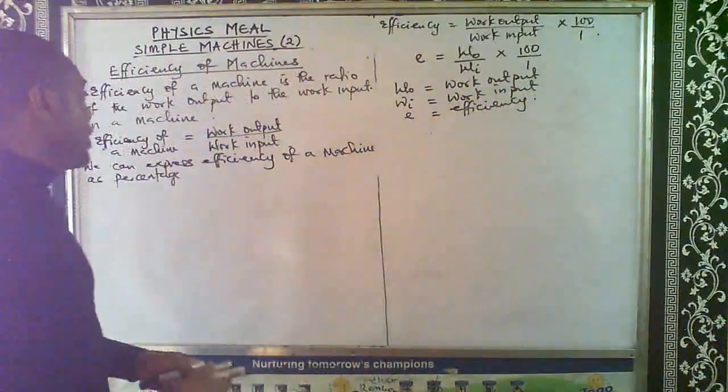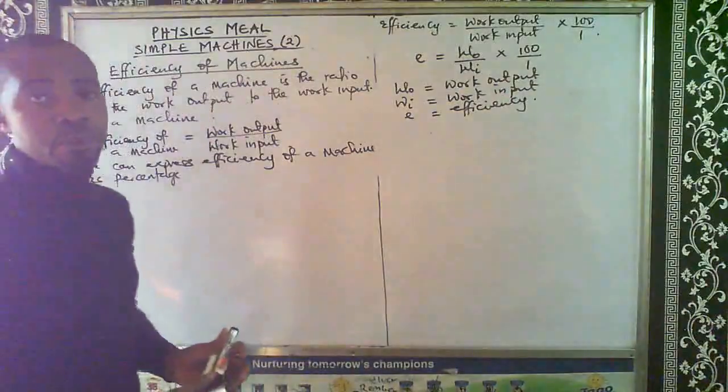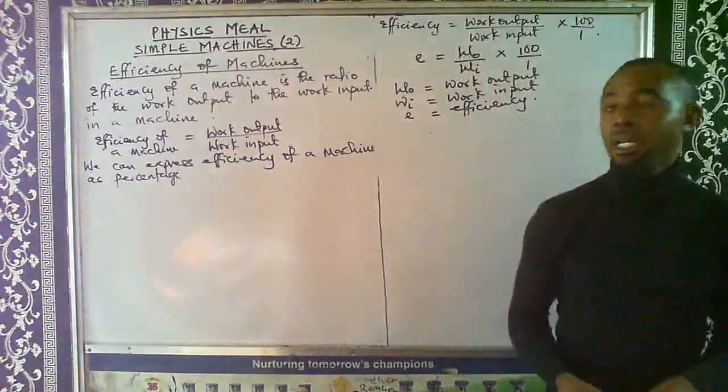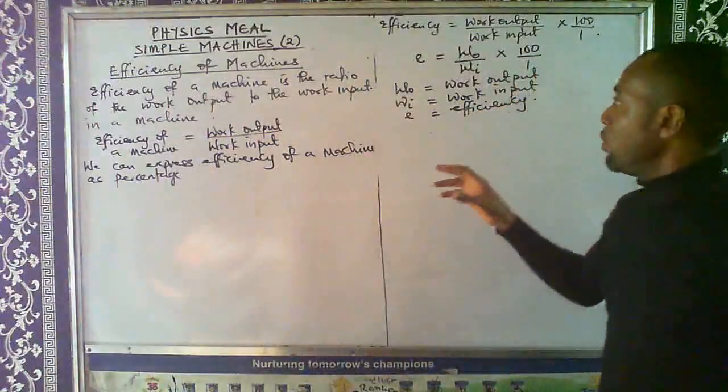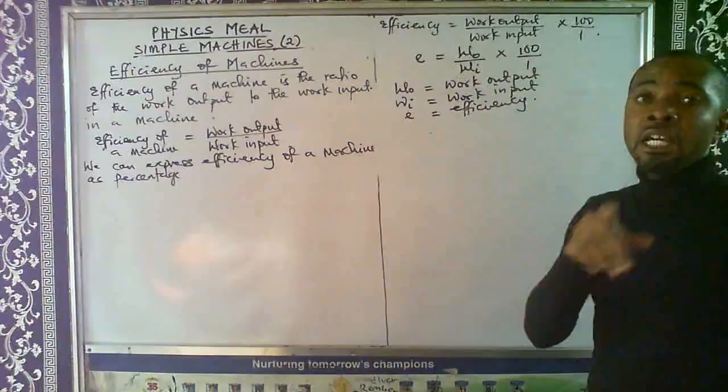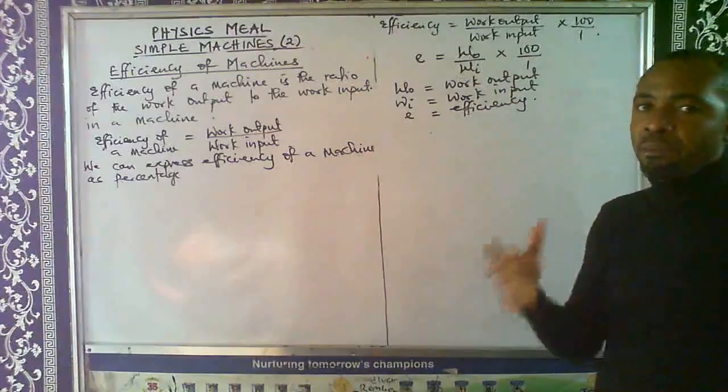Now, efficiency can be expressed as a percentage, as a fraction, and also in decimal. But it's important to note that the only time we add this 100 in the expression is if the efficiency is in percentage.